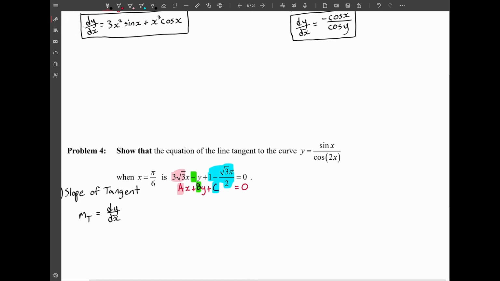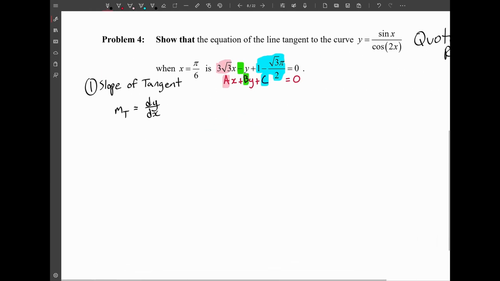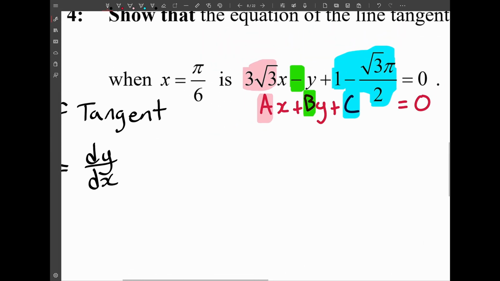Okay, let's be real. We could change that cos 2x to cos to the negative 1 of 2x, and then use chain rule and product rule, but I think that actually sounds harder. So let's just stick to quotient rule.